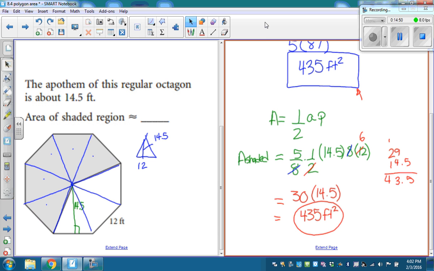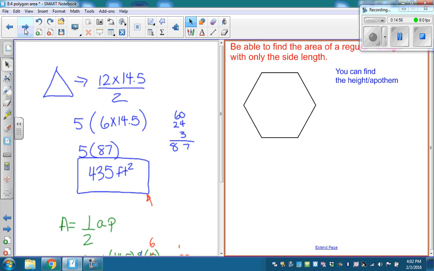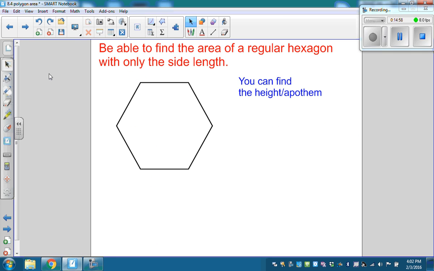There's one harder part that we'll talk about in class, and that's going to be something we really focus on, and that's being able to find the area of a regular hexagon with only the side length. So even if the book gives you the apothem, I'm never going to do that. And so you're going to be able to do this problem just by being given one side length.